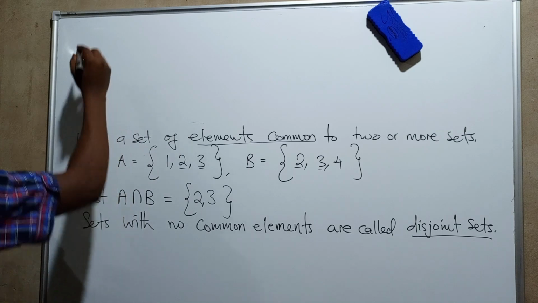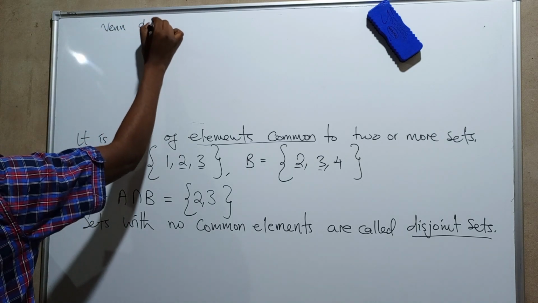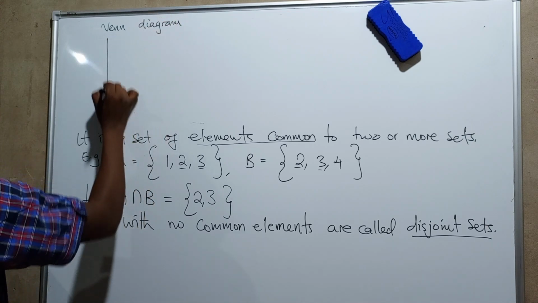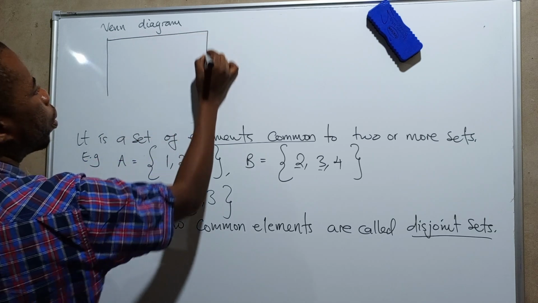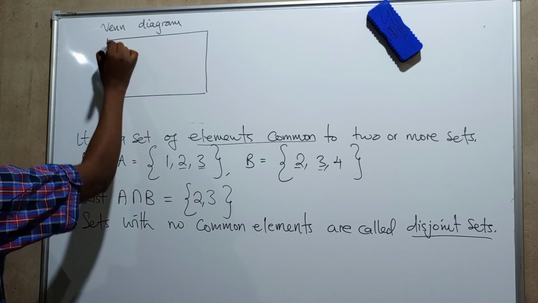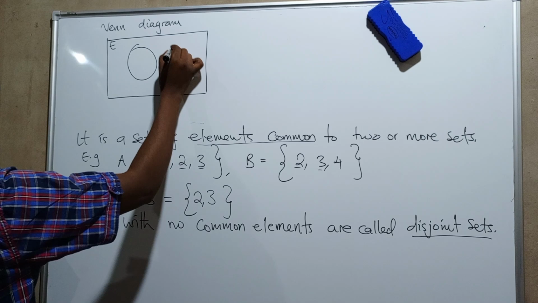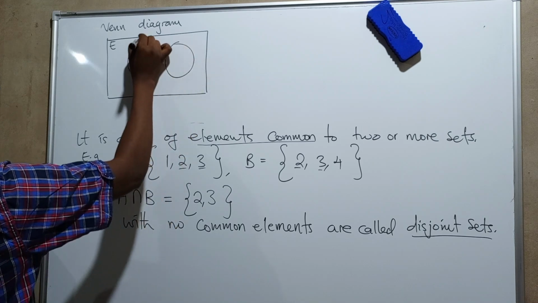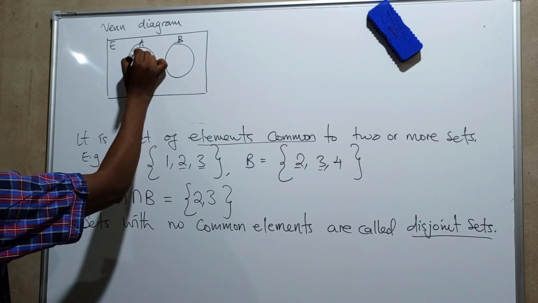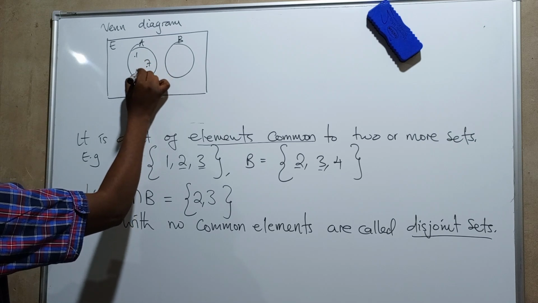So using a Venn diagram like this, here I have the universal set, then I have set A and set B. This one has 1 as an element, then 7 and 4.